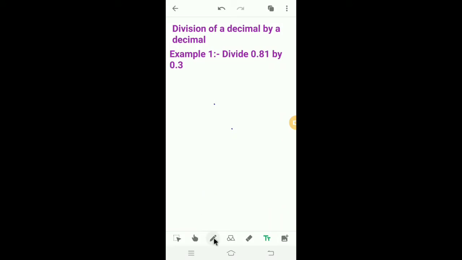Let's learn division of a decimal by a decimal.